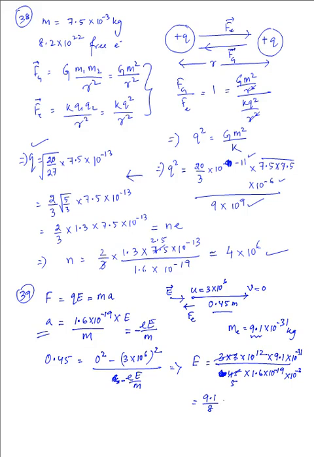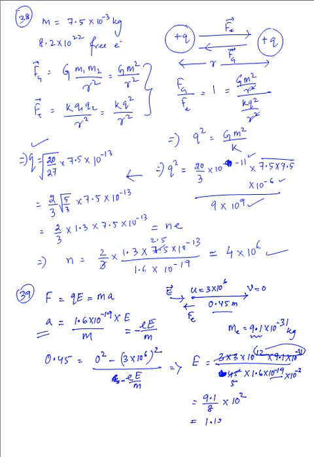And as far as the powers of 10 are concerned, 10 raised to the power minus 19 in this case, and then you have minus 19 over here, so that cancels out, and then the 10 to the power 2 goes up. So you have 9 over 8 nearly is equal to 1.125.